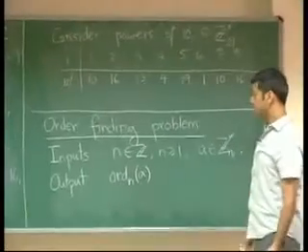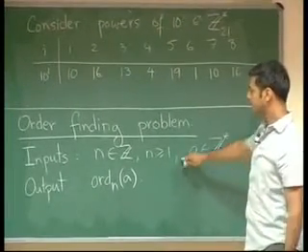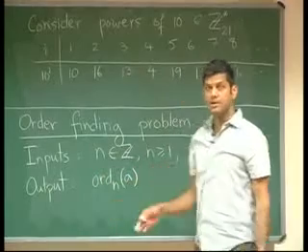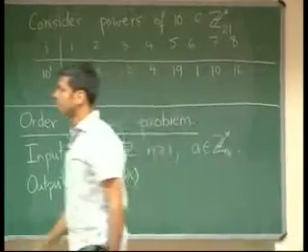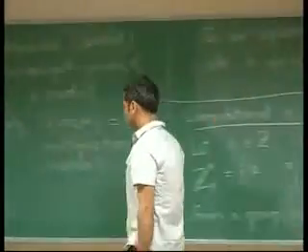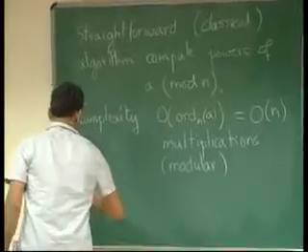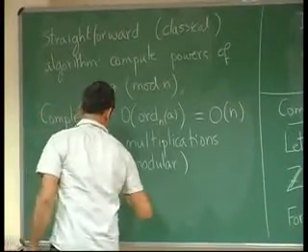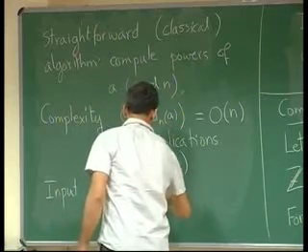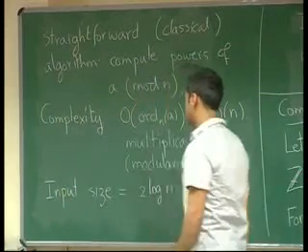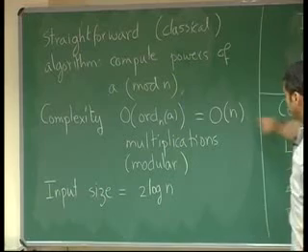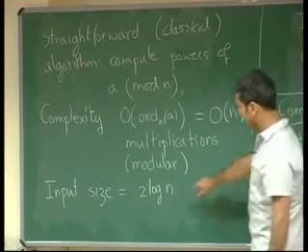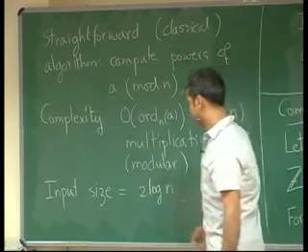The number of bits that it takes to represent these two numbers is log of n. So the input size is basically 2 times log base 2 of n. And your complexity is order n, which is exponential in this input size.